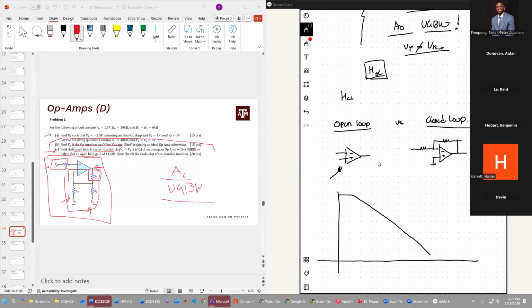You guys should have seen something like this in lecture, where your x-axis is frequency, it's a Bode plot, right? And you have dB, this is your gain. Up here, this portion is what we call the A0, which is your open loop gain, right? And this is usually a huge number, like 200,000 volts per volt. Huge, huge, huge.